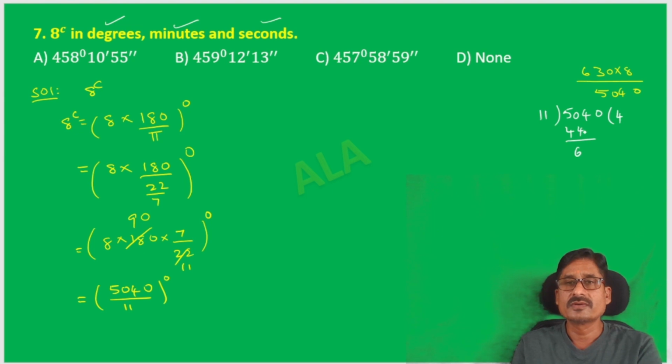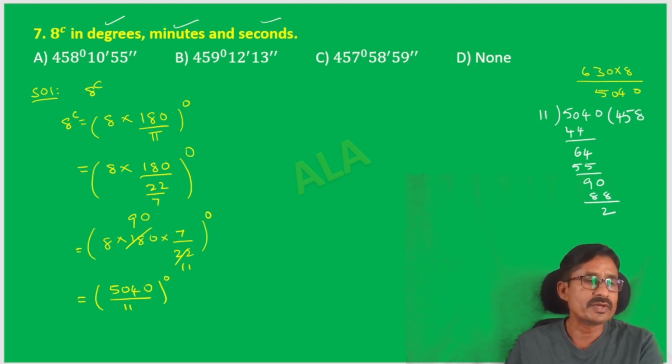Now 4 take a, and how many times? 11 5s 55. What is the remainder? 9. 90. 11 8s 88. What is the remainder? 2. Then what we write? That is 458 degrees.